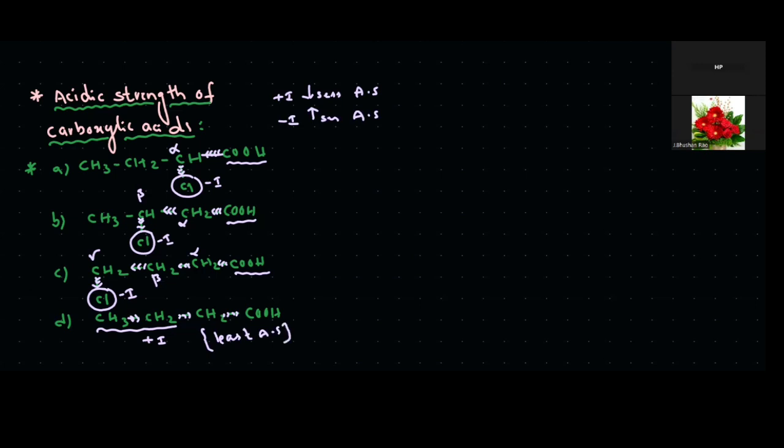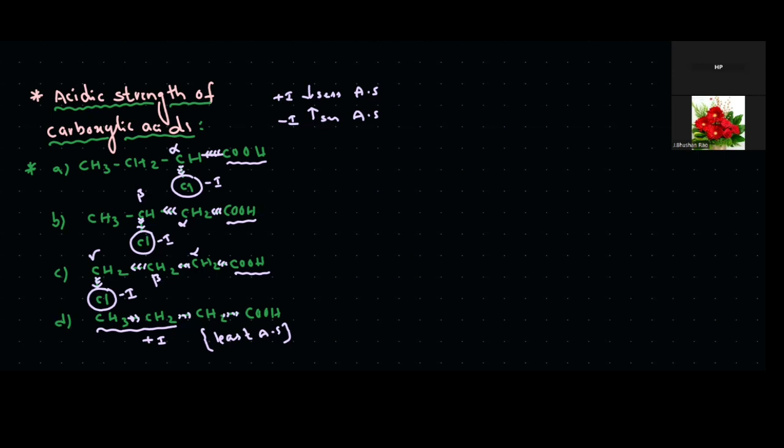Next, among the above three, A, B, C, the chlorine electron withdrawing group is very near. According to the inductive effect, the distance also matters. If distance increases, the inductive effect decreases. If the inductive effect decreases, what about the acidic character? It decreases. The alpha position minus I group of chlorine withdraws electrons most effectively from the carboxylic acid.